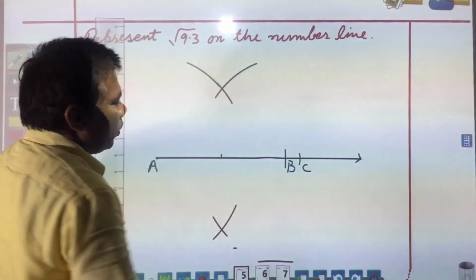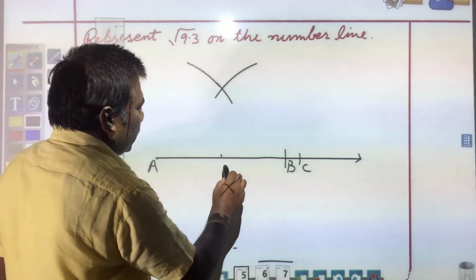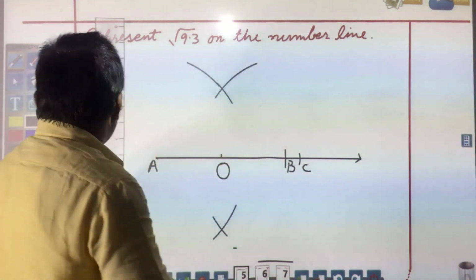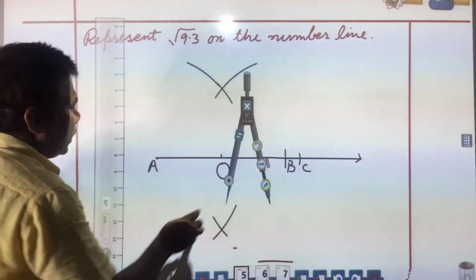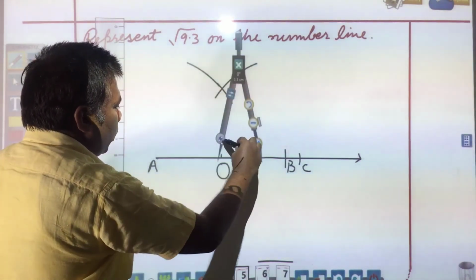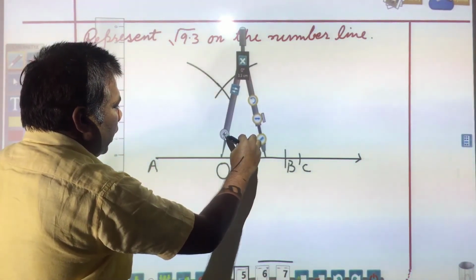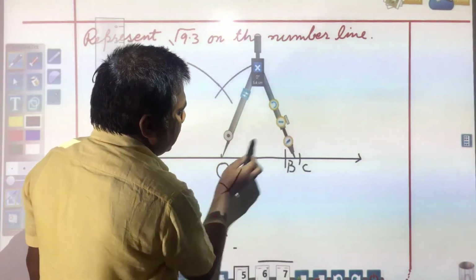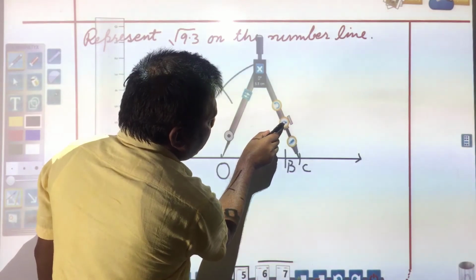So, this midpoint you got, name it, suppose this is O. Now, what you need to do, again with the help of your compass, here assuming O as center and OA or OC as radius, you need to draw a semicircle.